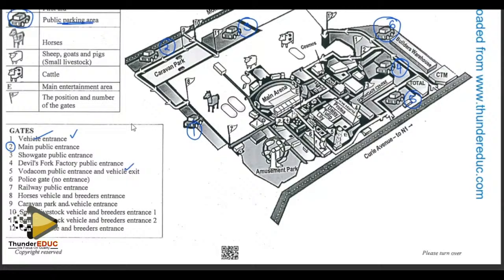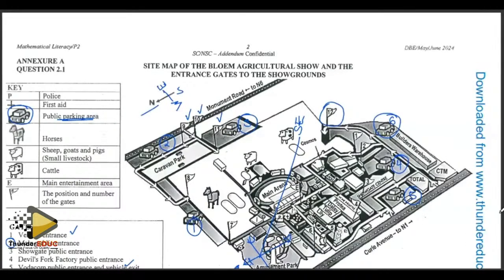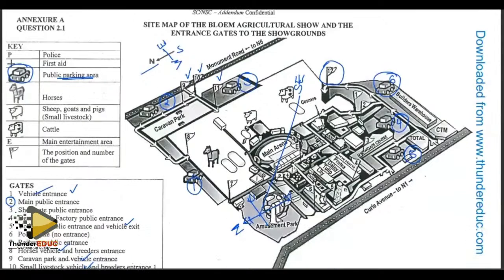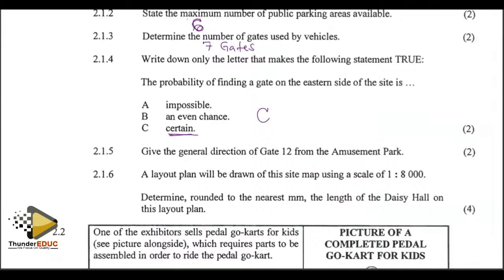Come down here, we count 3, 4, 5, 6, 7. These are gates. I was just checking vehicle gates. So the answer here becomes direction southeast.